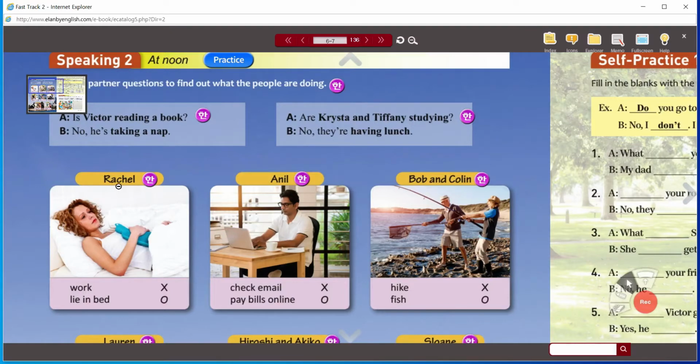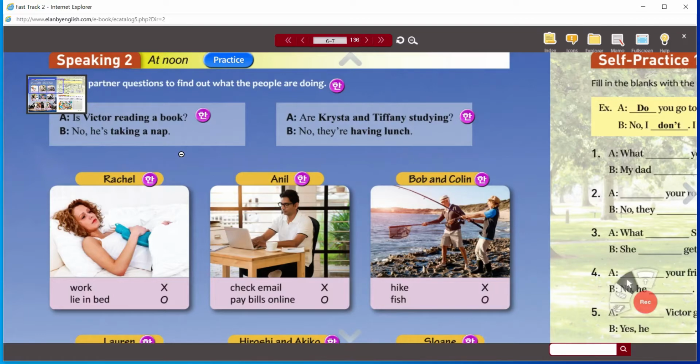Let's try number 1 together as a group. What's the first question that you're going to ask involving Rachel? Okay, so probably you're going to ask, is Rachel working? The answer? No. She is lying in bed. Okay.